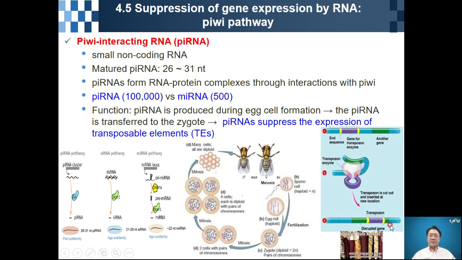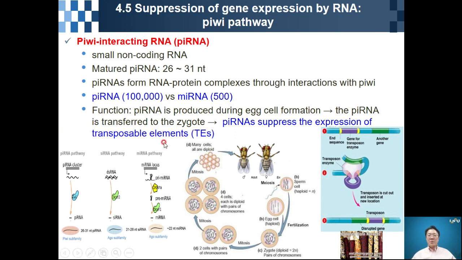A very famous example of the effect of transposable elements is kernel color changes in corn. So actually piRNA evolved to protect our genome.